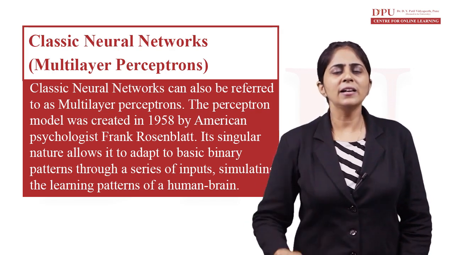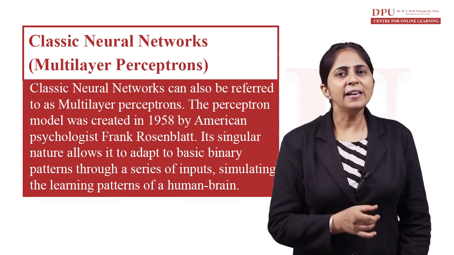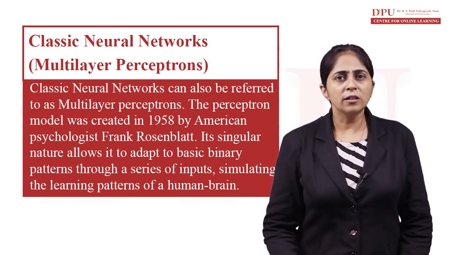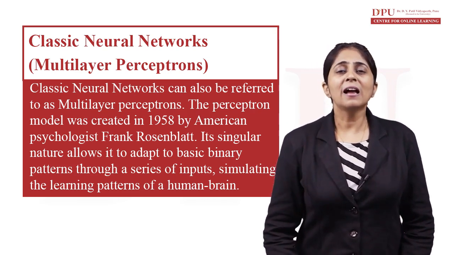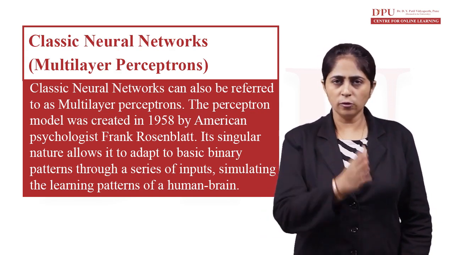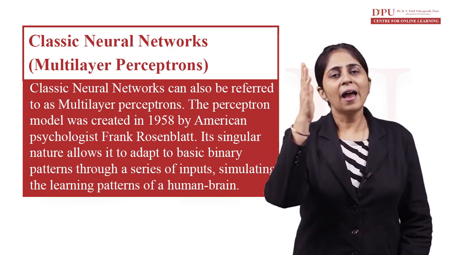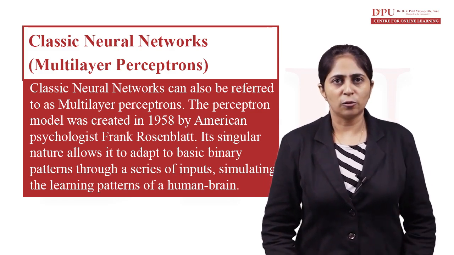We have different types of algorithms, different types of models, but it is very important to identify which model we should use for one particular type of algorithm. So this classic neural network is used when the tabular data set is formatted in rows and columns. When we have our data in the form of rows and columns in tabular form, then we can use this classic neural network.